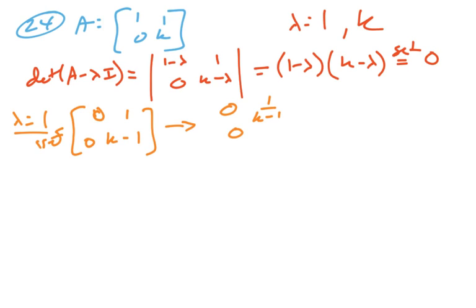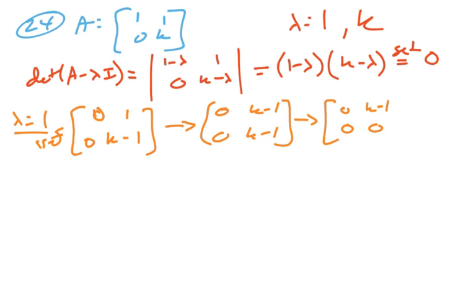Actually, sorry, never mind, I'm going to do this a better way. I'm going to multiply the first row by k minus 1, so I get 0, k minus 1, 0, k minus 1. Then I'm going to subtract the bottom row from the top one, and so I get 0, k minus 1, 0, 0.